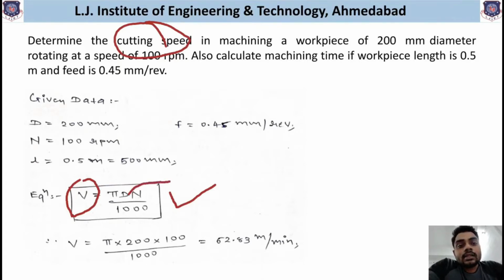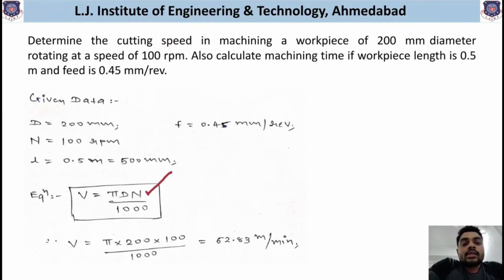Diameter will always be in mm, and this N will always be in rpm, that is revolution per minute. So for this particular equation, these are the standard units. I am repeating it again. Velocity is in meter per minute, diameter will be in mm, and N will be in revolution per minute. So now let us check.